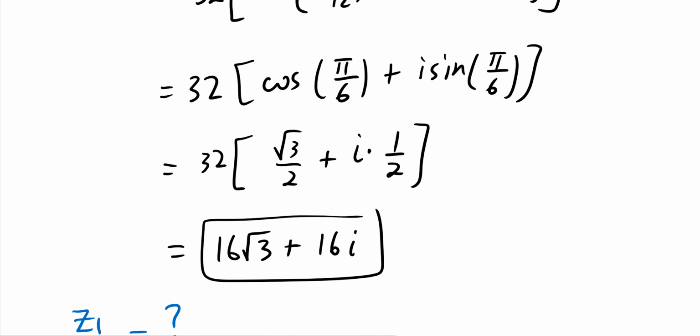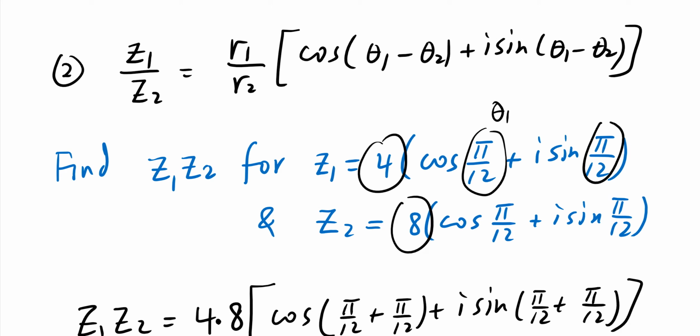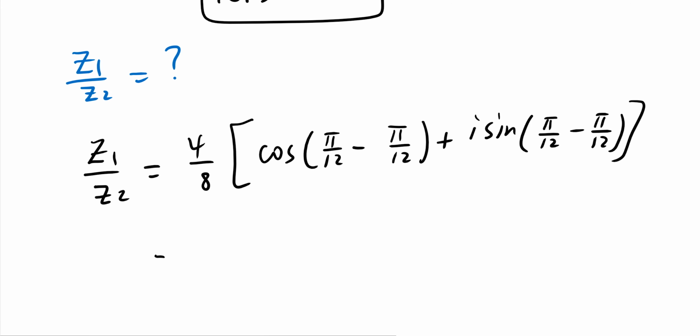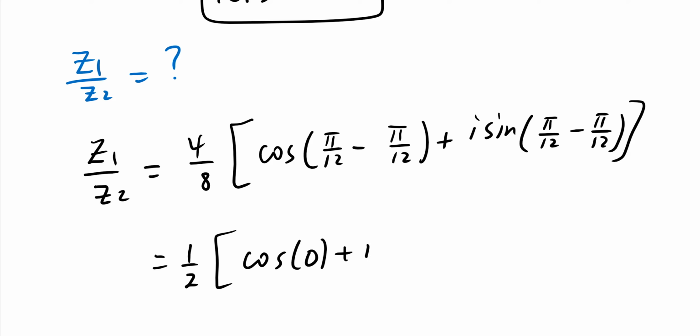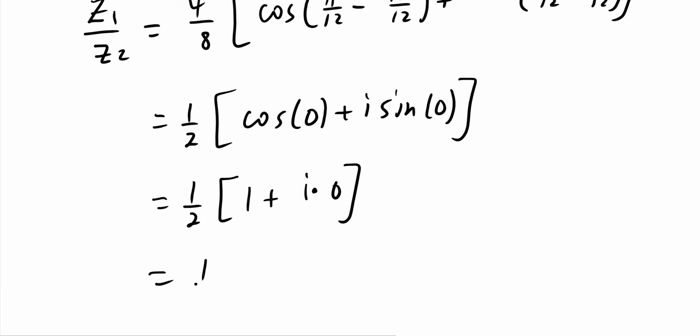If you want to know where these are coming from, remember this is theta 1, theta 1, theta 2, theta 2. So now, what do we do here? This is 1/2 cosine 0 plus i sine 0. Cosine 0 is 1, and i times 0 is 0. So that gives us 1/2.